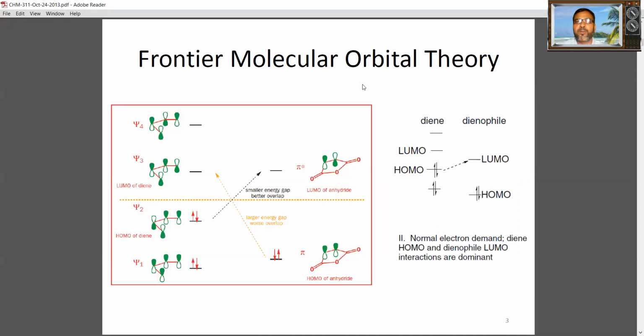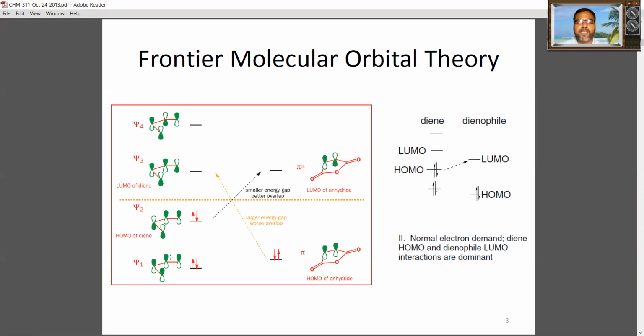Now frontier molecular orbitals. You can see the HOMO of the diene and the LUMO of the diene. So you have psi 1, psi 2, psi 3, psi 4.